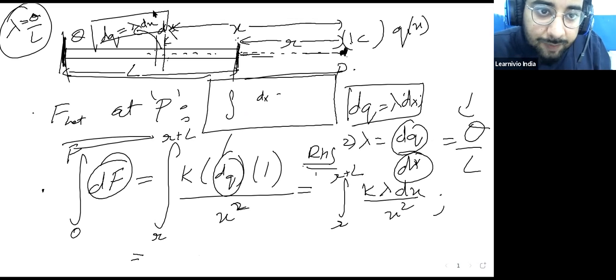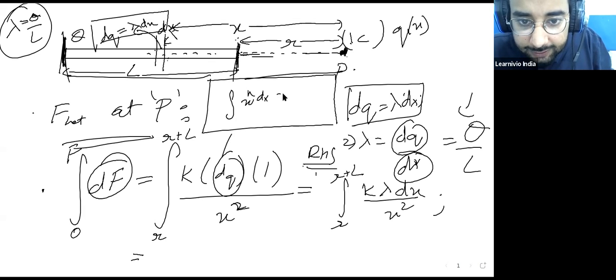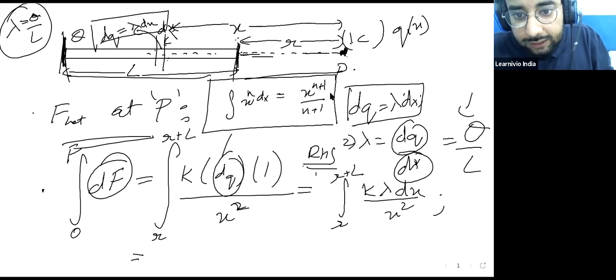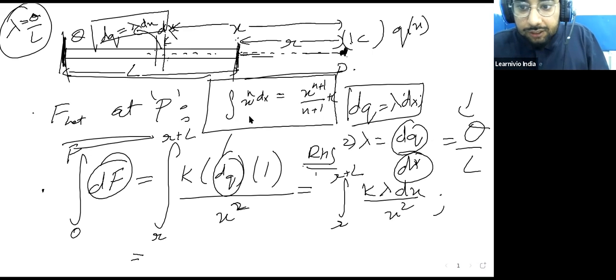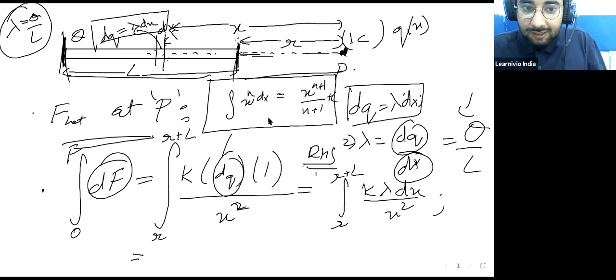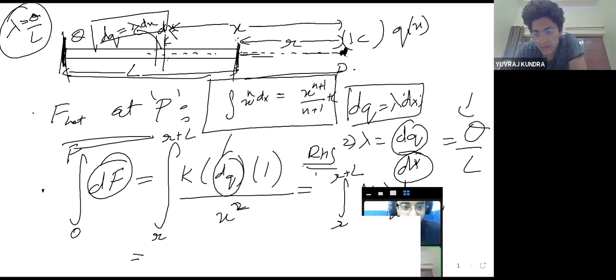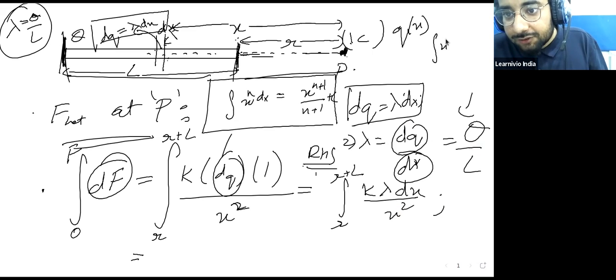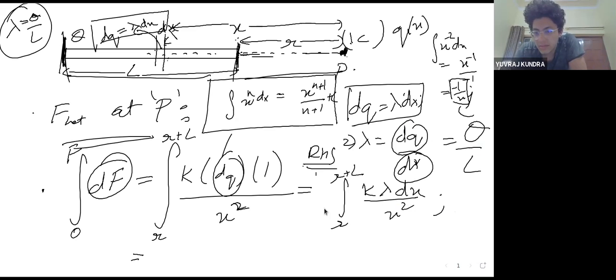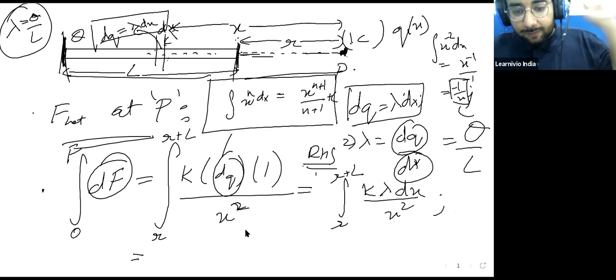We know that if you want to integrate x to the power n, this is just x to the power n plus 1 over n plus 1 plus a constant of integration. So here n is equal to minus 2, it will be x raised to power minus 1 upon minus 1. Absolutely. So you'll have the integral of x to the power minus 2 dx equal to x to the power minus 1 over minus 1, or just minus 1 over x. Lovely. So the integral of 1 over x square is just minus 1 over x.